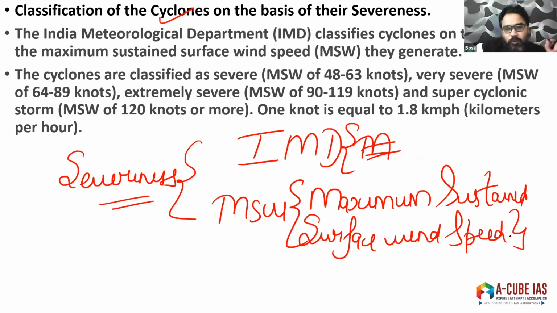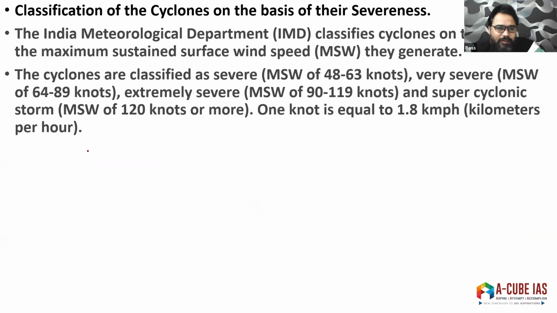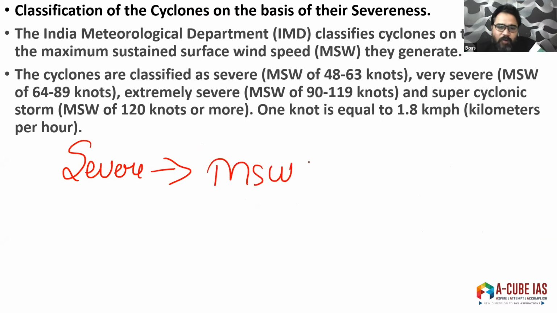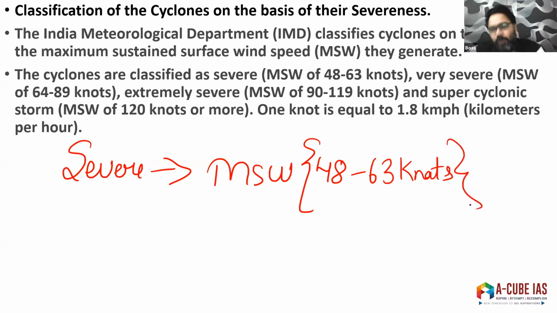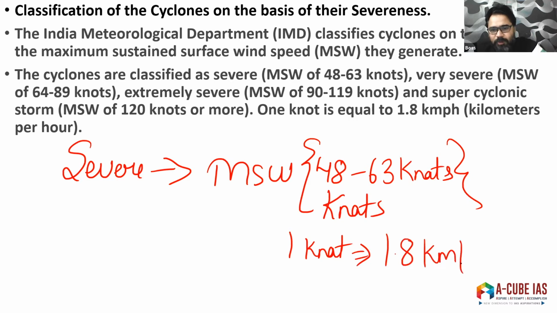For example, here the classification of cyclones is given, and the first category is severe cyclone. When I speak about the severe cyclone, the MSW, that is the speed of the winds traveling along with the cyclone, would be around 48 to 63 knots. Because here we are talking about water bodies, the speed parameter has to be in knots. 1 knot is almost 1.8 kilometers per hour, so you can take approximately 2 kmph.